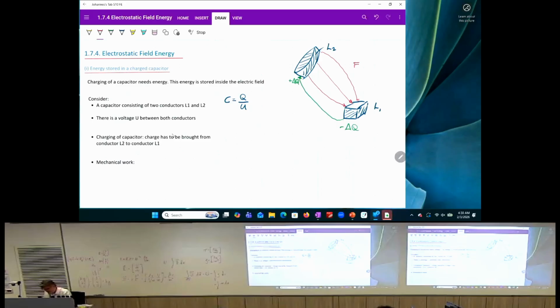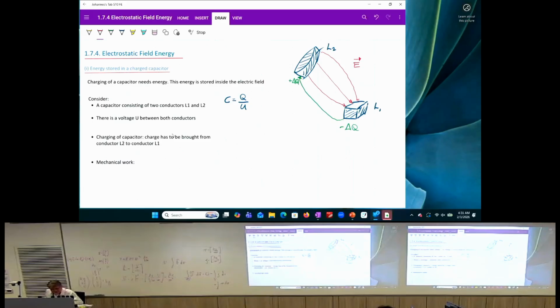But as soon as you have started to bring your first charge over from one conductor to the second conductor, you start to build up an electric field, because now one is positively charged and the other one is negatively charged. So there's an electric field between these two conductors. You take another charge from conductor L1, and now you have to move this charge through the electric field, and that requires some work.